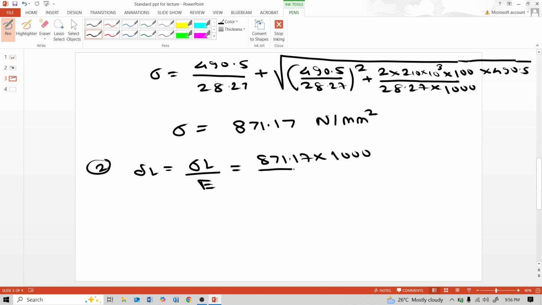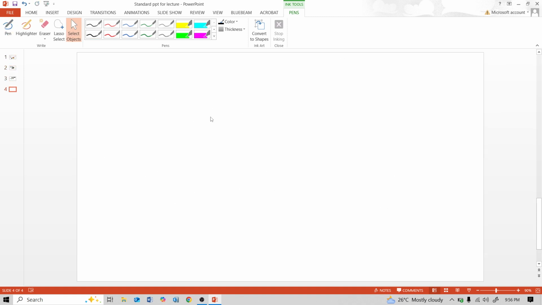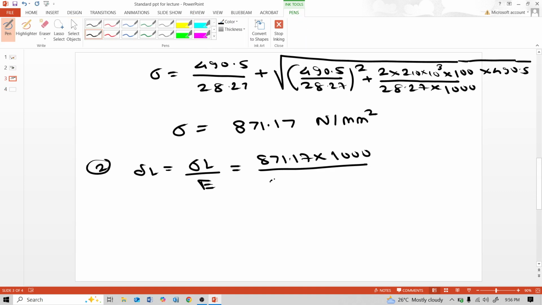L is given data and E is also given data, 210 into 10 raised to 3. So this delta L is 4.15 mm. This delta L value is always minimum. Change in length is always a minimum value and the unit is mm. And this stress for impact load is a greater value, 871.17 Newton per mm square.